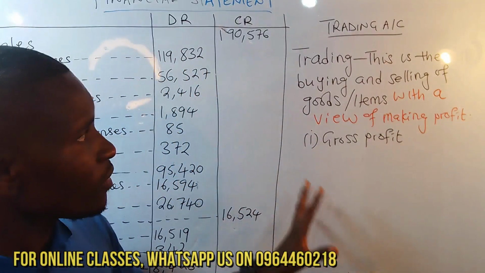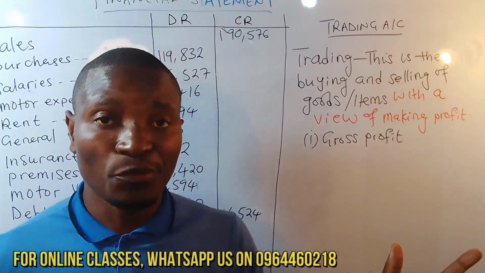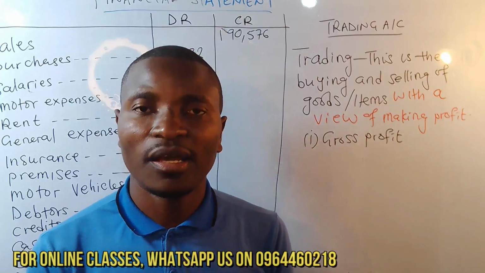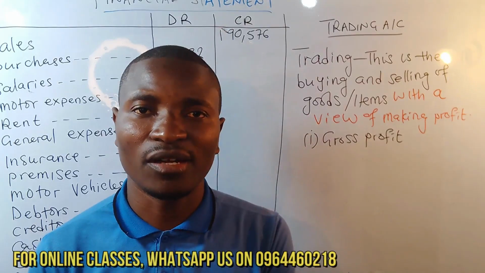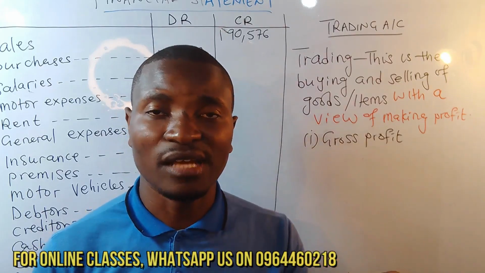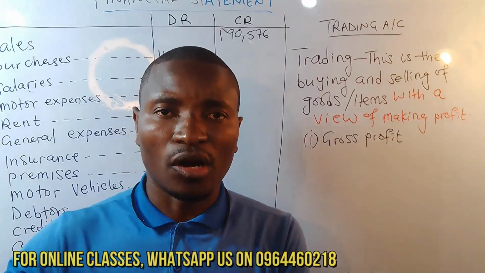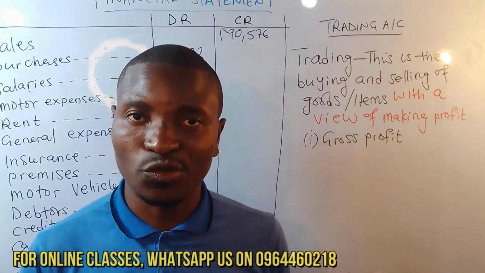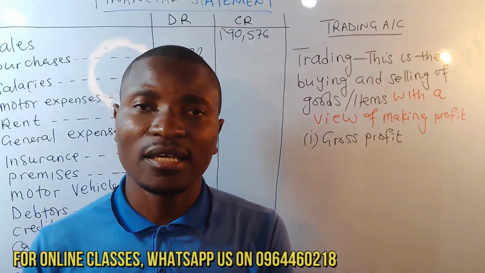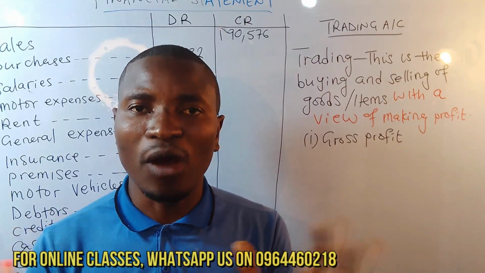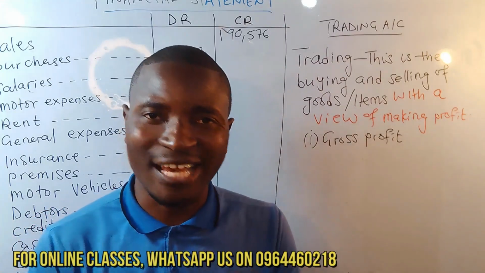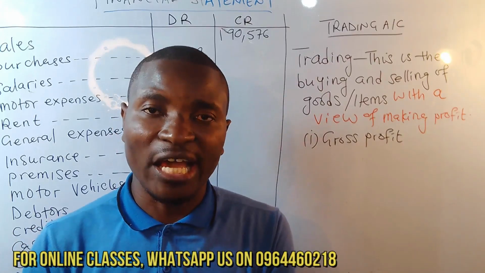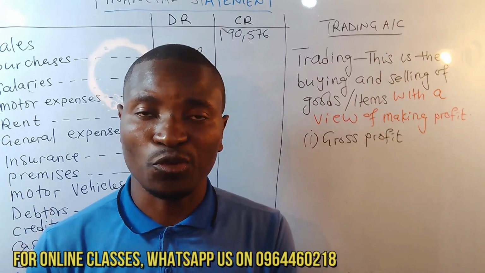After you prepare the trading account, which just involves the buying and selling of goods, the next thing that is going to come is the profit and loss account. In the profit and loss account, after we do the trading account, what will come next is we have to understand what items are summing up as expenses, and after that we subtract those expenses from the gross profit.